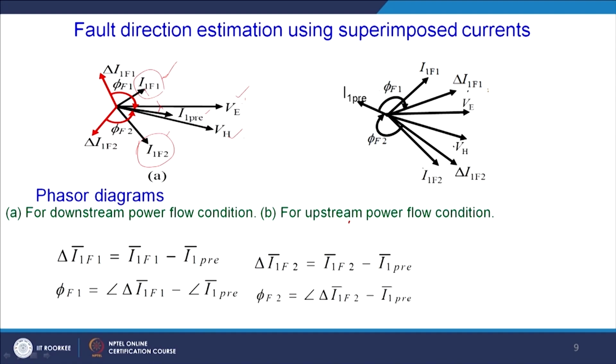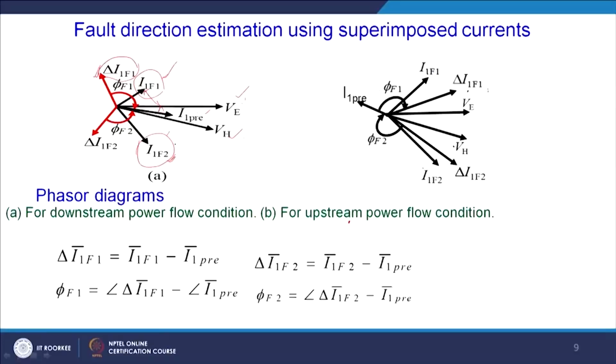If I add this component to my I1 pre, it will reach my fault component. Now, the corresponding parallel component phasor will lie here. So, this is my superimposed fault current for the fault position at F1. That is basically the fault which is present behind the relay, just on the back side of the relay.